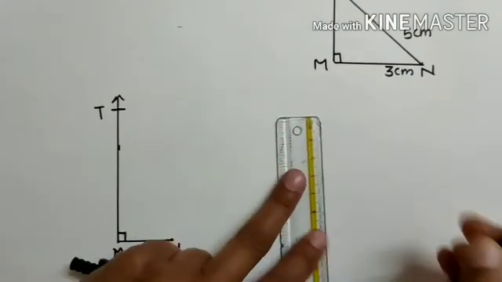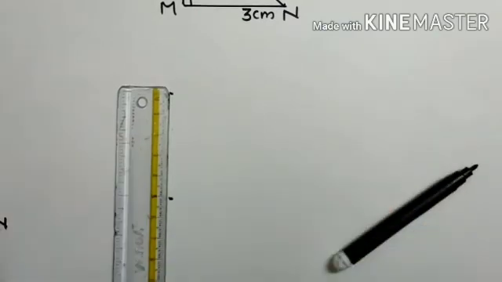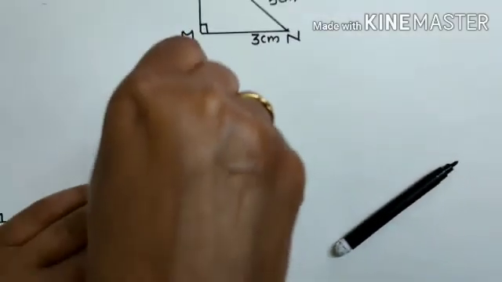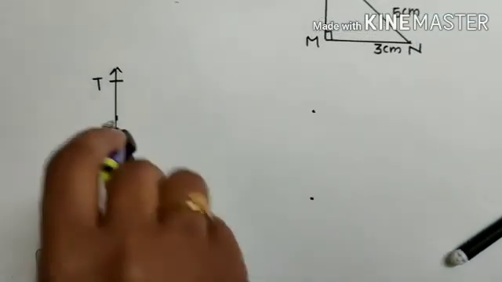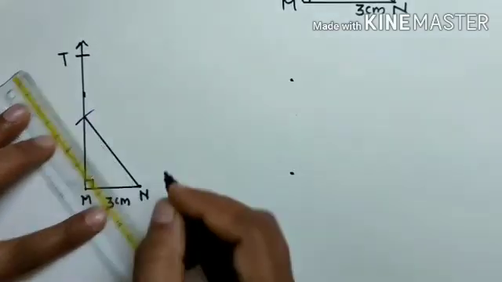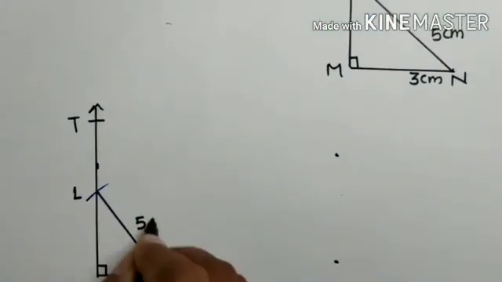Opening the compass to 5 cm and with the point at N, draw an arc to cut segment MT at L. Triangle LMN is the required triangle.